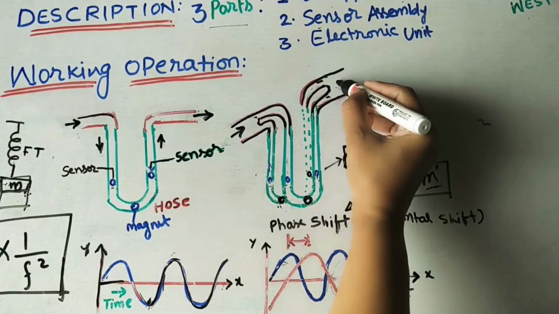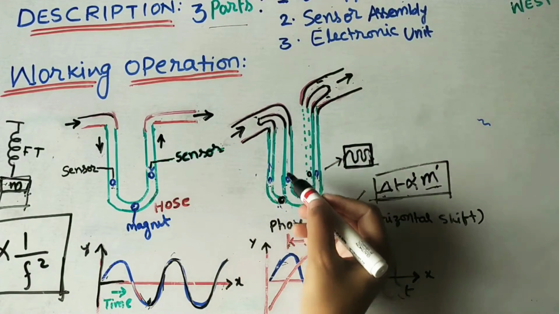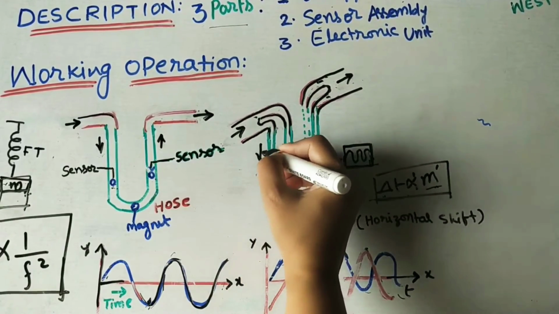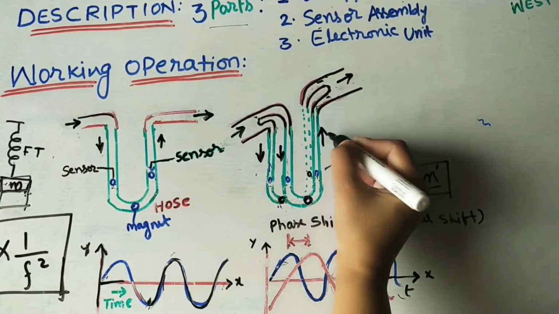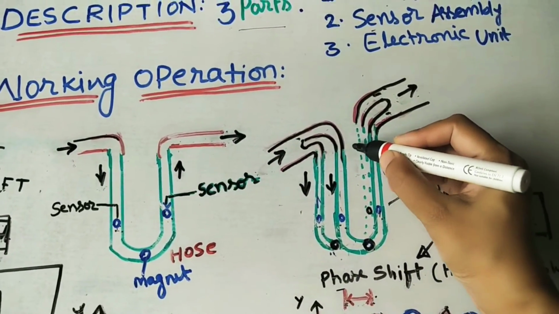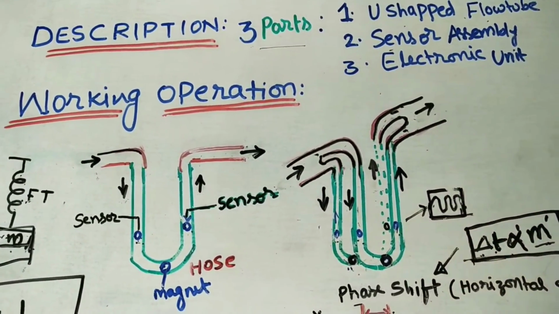Again it is coming out like this. Whenever flow is entering, it is coming in this direction in the input hose and going in this direction and in this direction at the output pipe.